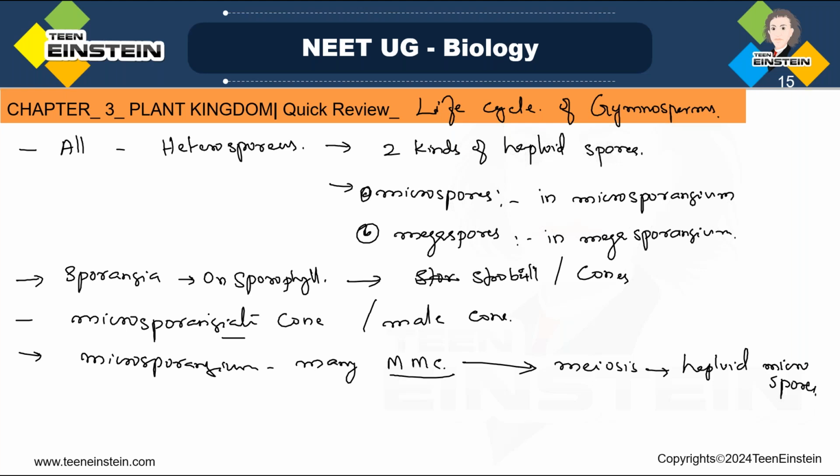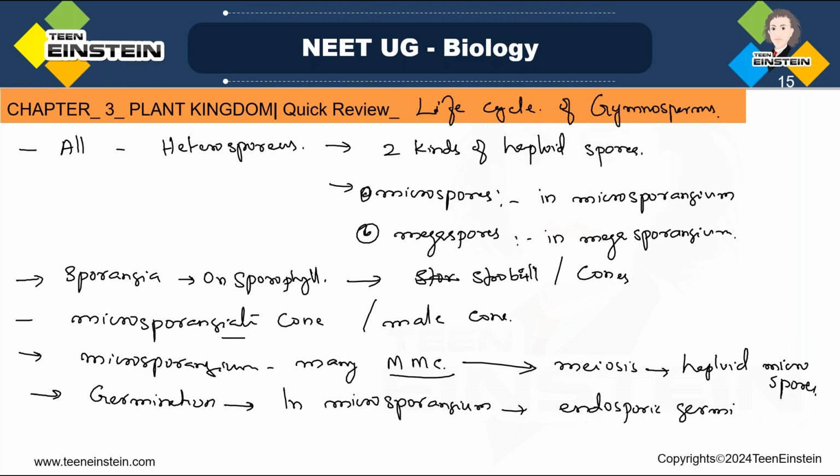Then these microspores will germinate. So germination is the next step. Microspores are getting produced, and this germination of microspores takes place within the microsporangium. There it is getting germinated, so that is called endosporic germination. Here you will get a question on endosporic germination.